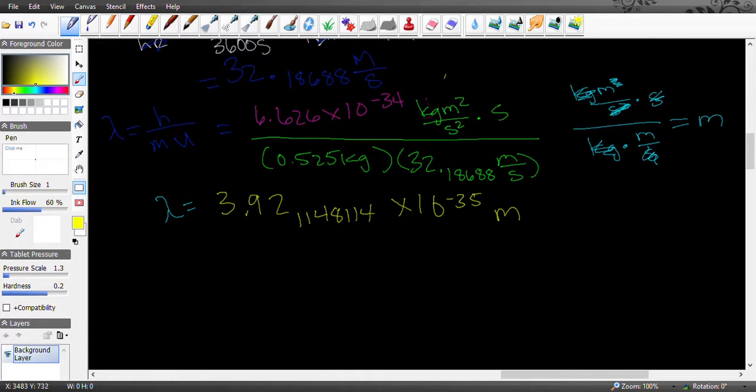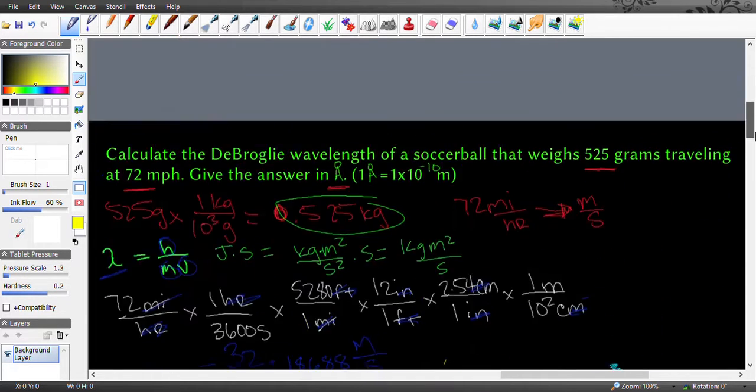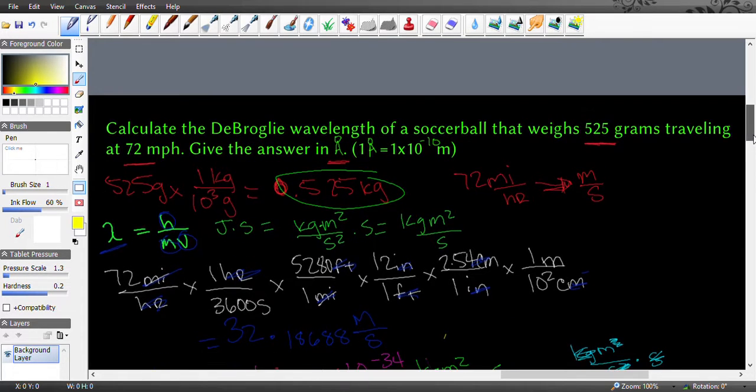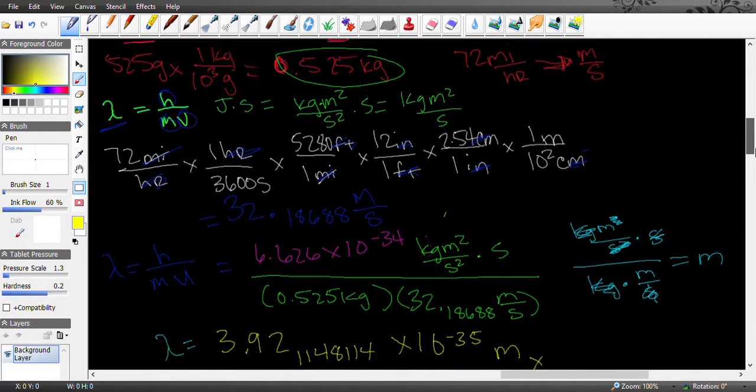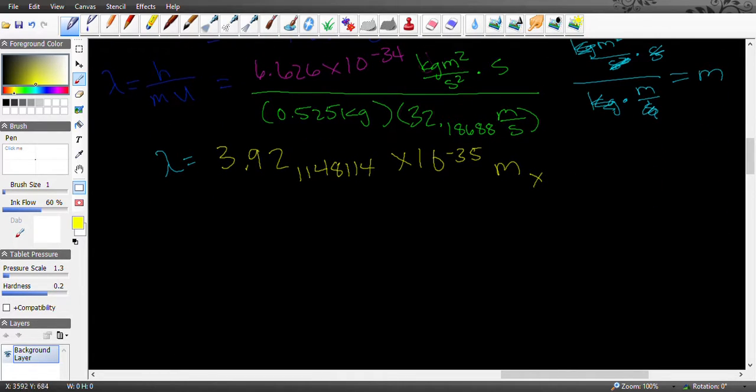Rounding isn't going to be a big deal here, but don't make the mistake of stopping here. We need to turn this into angstroms, right? That's what it asks for. So 1 angstrom is 1 times 10 to the negative 10 meters.